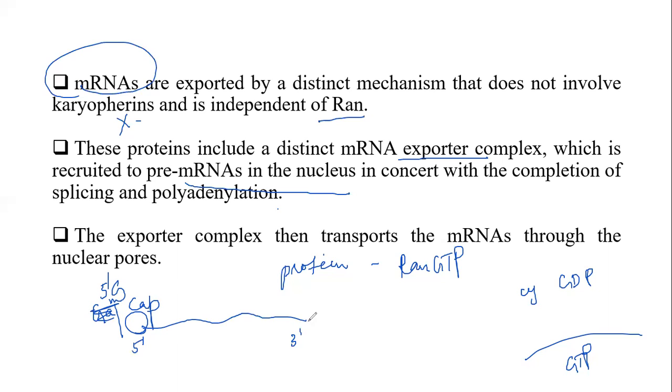And at the 3' end, you have the poly A tail, to which the poly A binding proteins are bound, if you remember. Along with this, we have another protein complex which helps in the export of the mRNAs through the nuclear pores. Akshay, is this point clear?